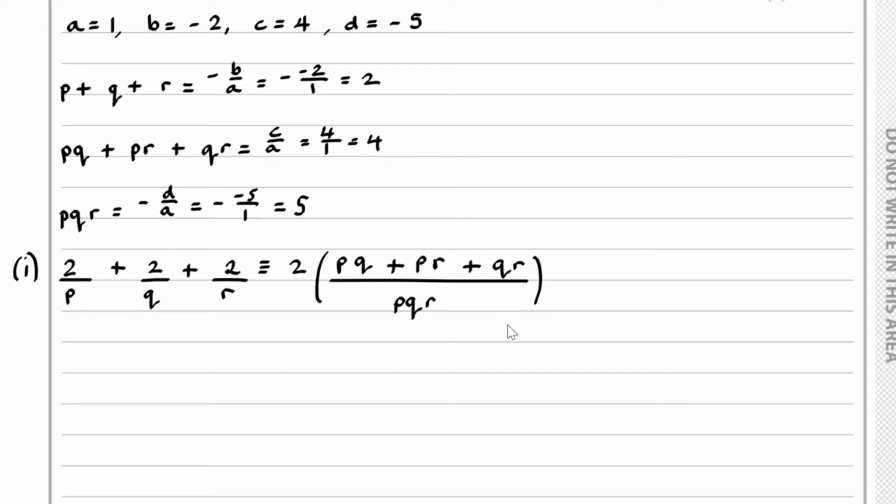Okay? So we have 2 lots of 4 over 5. Okay? So we have 8 over 5.